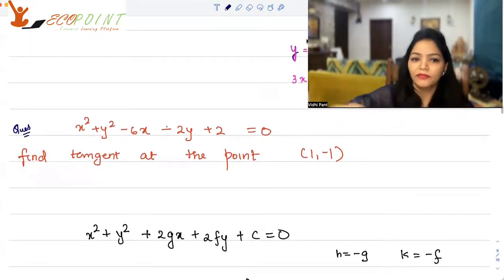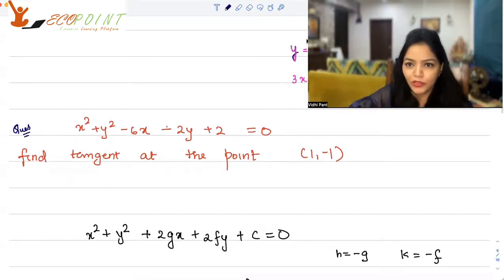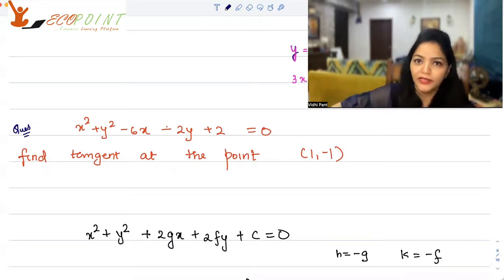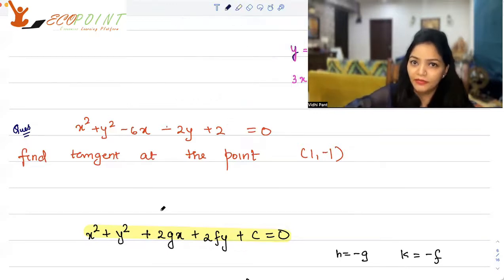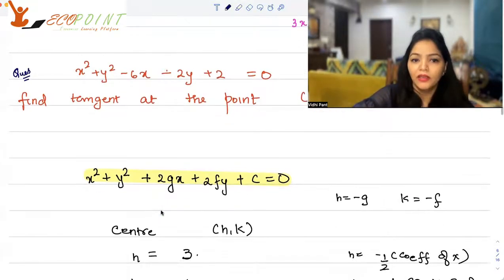So we have the general equation x squared plus y squared plus 2gx plus 2fy plus c equals 0. That's the general equation of a circle, right? We know that the center (h, k) is (-g, -f).